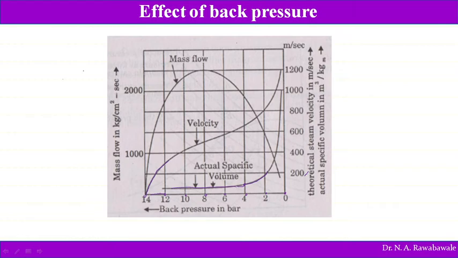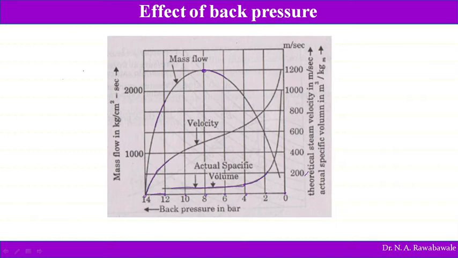So very low effect is observed on this specific volume of steam, whereas with reduction in the back pressure, the mass flow rate initially increases to some extent and it reaches the maximum at a particular pressure, and beyond that this mass flow rate also decreases. So this mass flow rate is going to reduce if this back pressure is reduced still further, but this velocity is going to increase with reduction in the back pressure. So this is the effect of back pressure over the flow of steam.